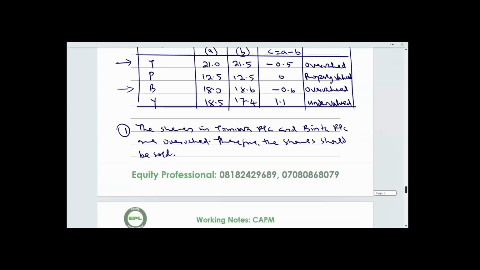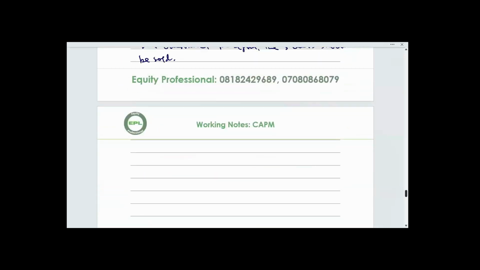Number two, Pascal: the shares in Pascal PLC are properly priced, are properly valued.